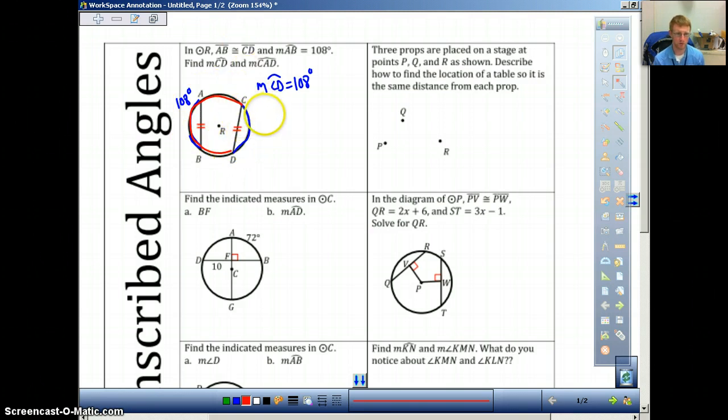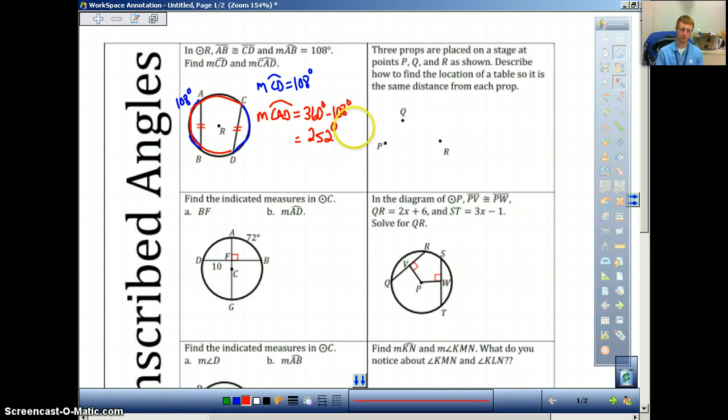And because there's 360 degrees in a circle, we can say the measure of CAD will be equal to the total amount, which is 360, minus the amount that we don't want, 108, and that will give us 252 degrees. So hopefully that makes sense.